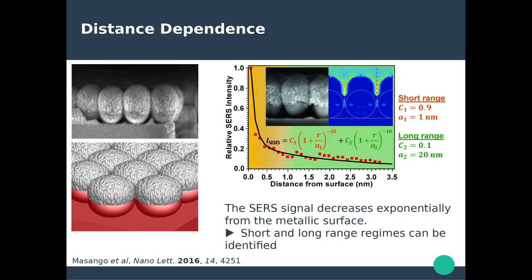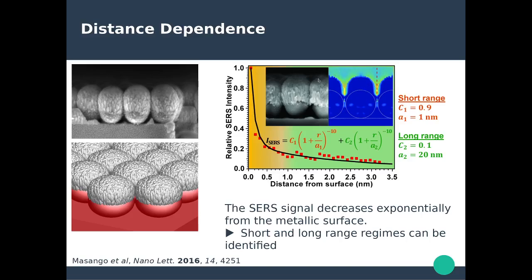So it could be silver, it could be gold. And the result of this deposition gives you a very rough surface on top of these silicon beads, and that provides a lot of electromagnetic hotspots where the electromagnetic field resulting from the plasmon excitation is very strong.